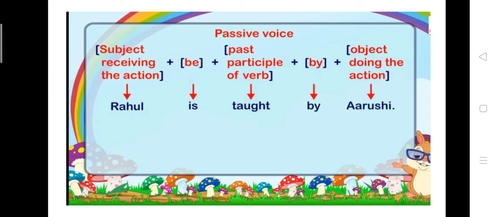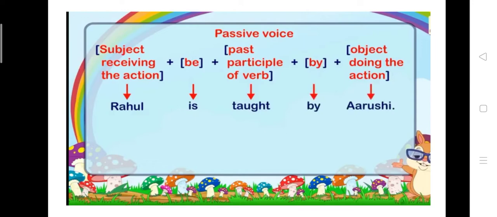This is also in present tense, but it is given in passive voice, where the subject is receiving the action and object is doing the action. And how the verbs have been used, just see. Is taught, it means it is the form of be. Be is a verb which has got different forms.